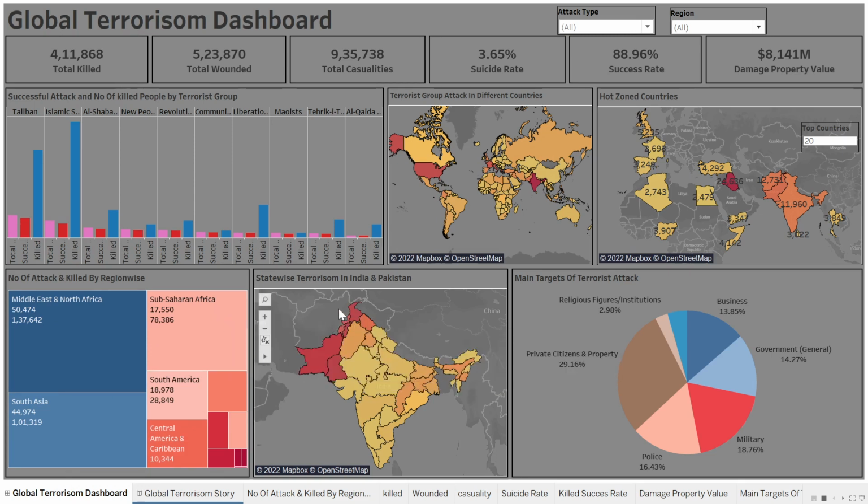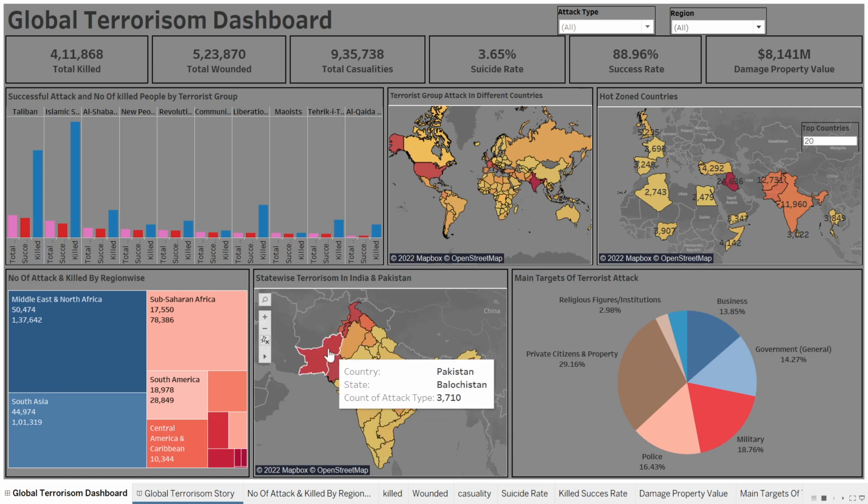The fifth graph shows state-wise terrorism in India and Pakistan. In India, Jammu and Kashmir is the most affected state. Around 2450 attacks have happened here, and in Maharashtra there are 302 attacks.